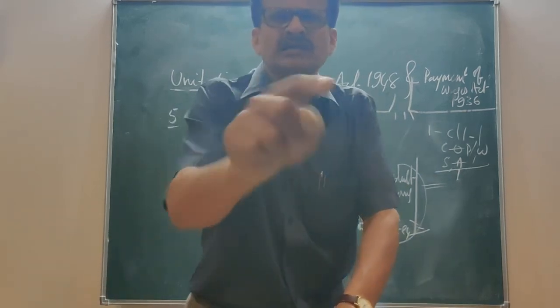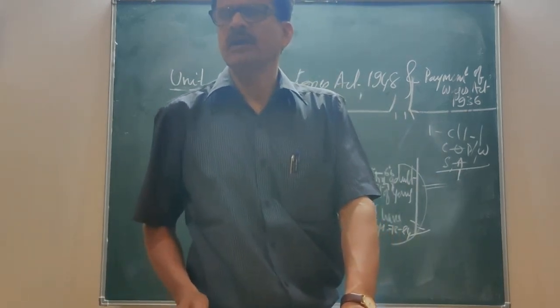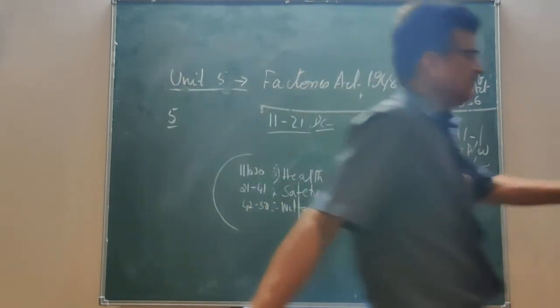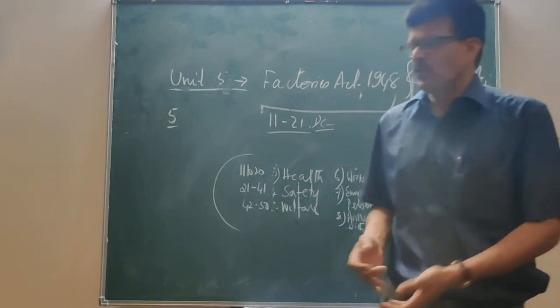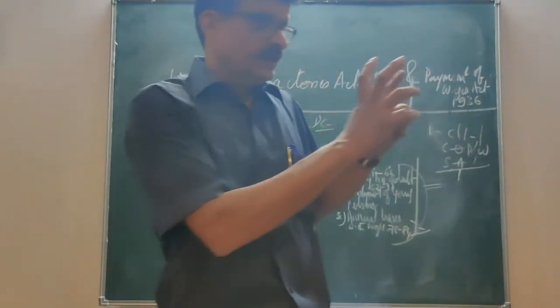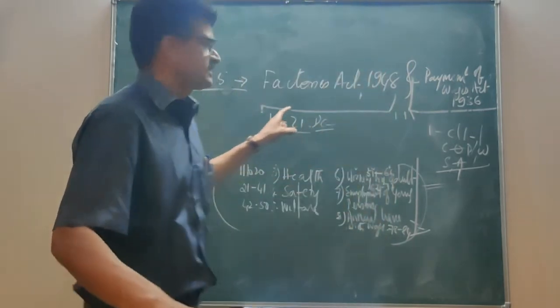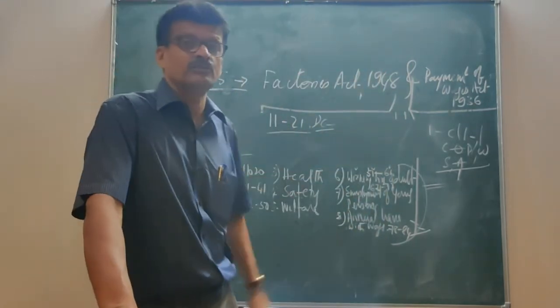But if you want to be exempted, how can you get that exemption? Saying that, see, the wall portion is still so good, why should we paint? Then get it inspected by the inspector. You understand? Get it inspected by the inspector. He will see that, and exemption could be granted.